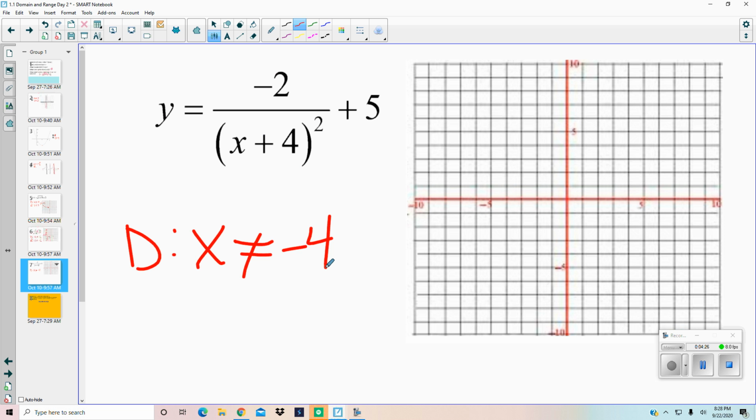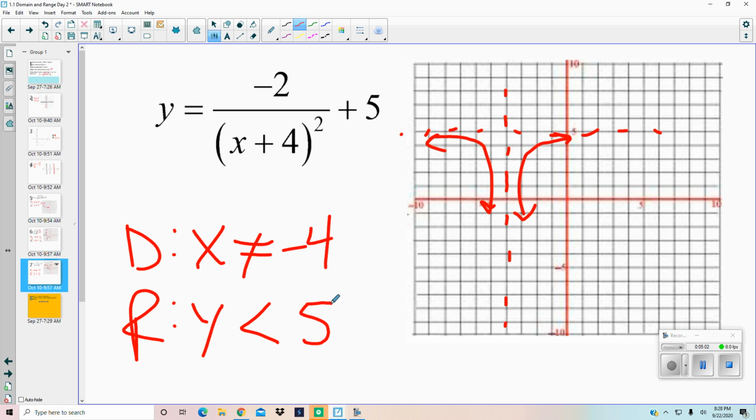If you graph this function, you're going to have 2 branches, but it's never going to cross this line 5. So y is going to be less than 5.